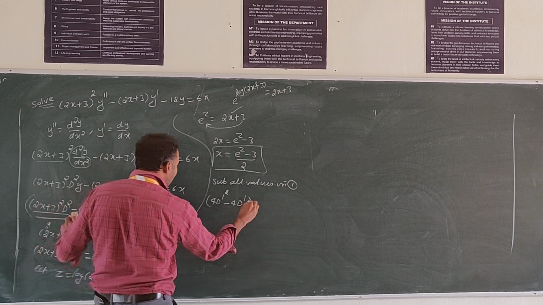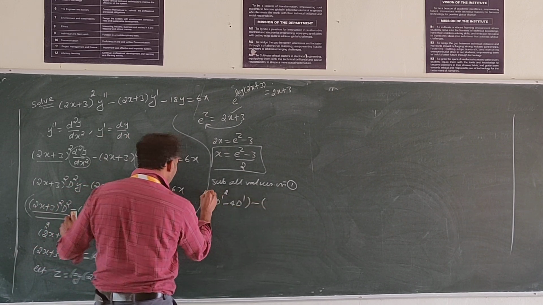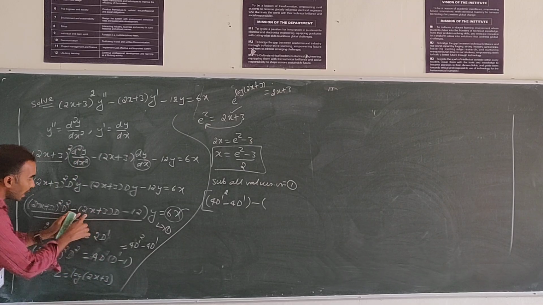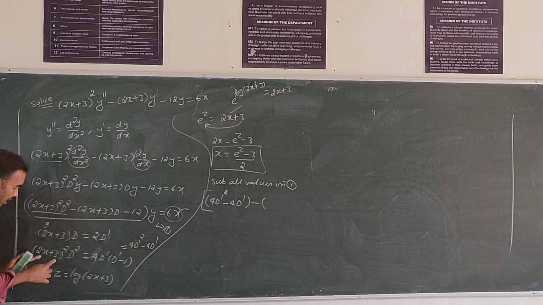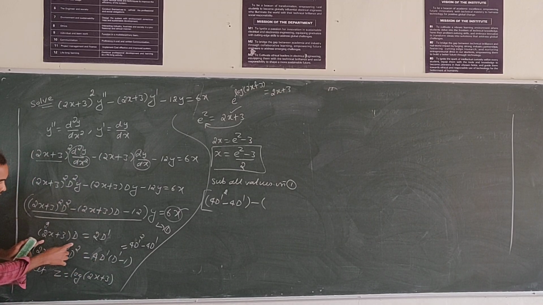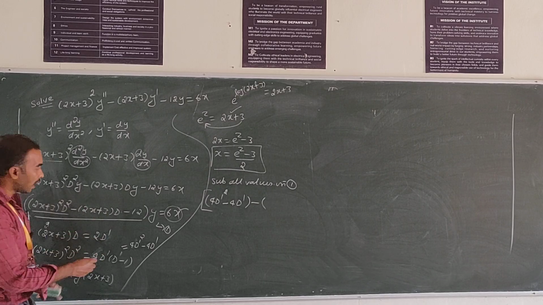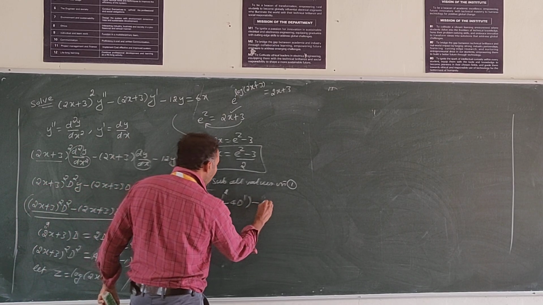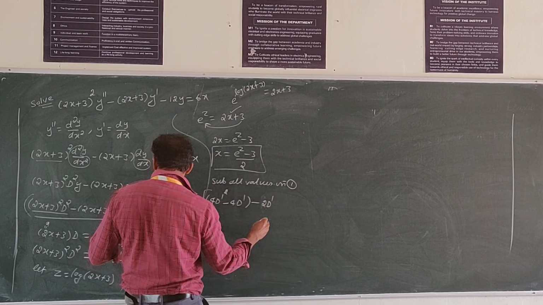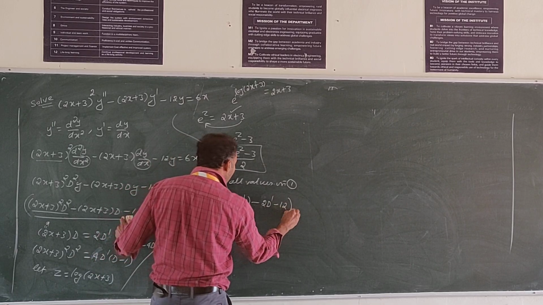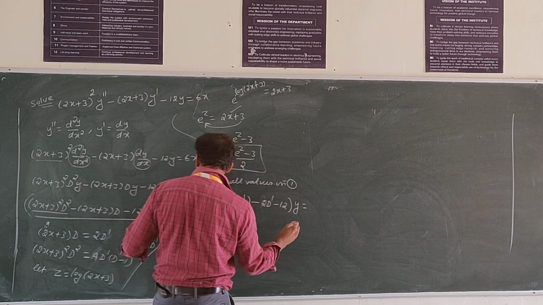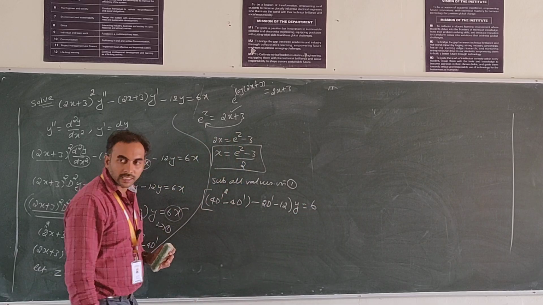Instead of this we can write next minus, instead of 2x plus 3d, we can write 2 d dash. Okay, 2 d dash. So 2 d dash minus 12 into y equal to 6 into.